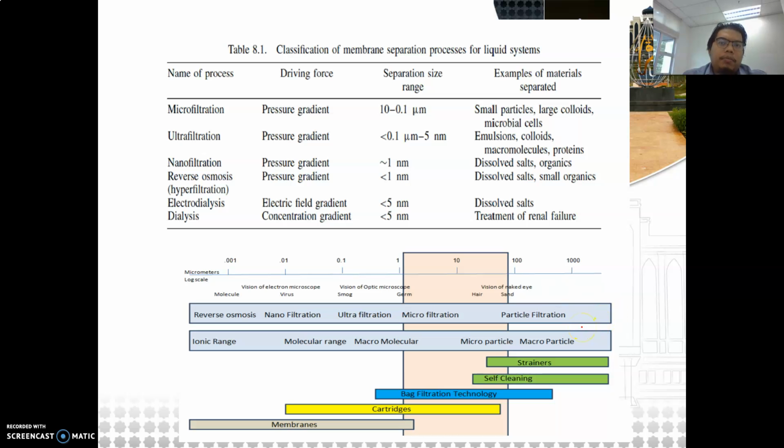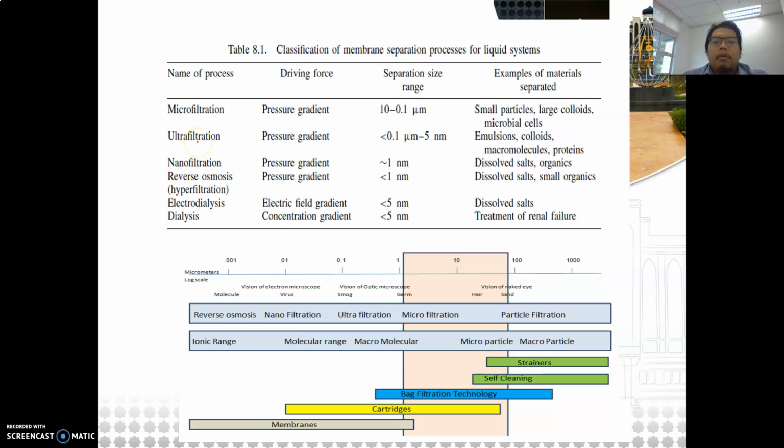So in this part, you can see the driving force, the separation size range, and also examples of separated particles that are used for all the separation processes.